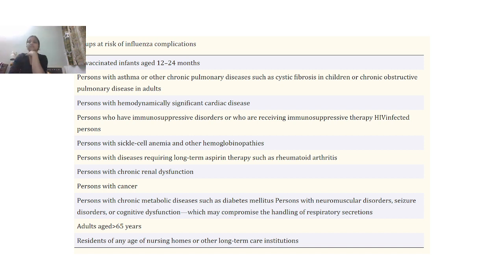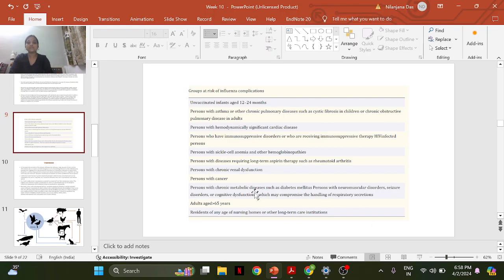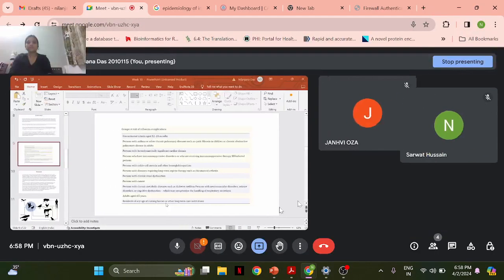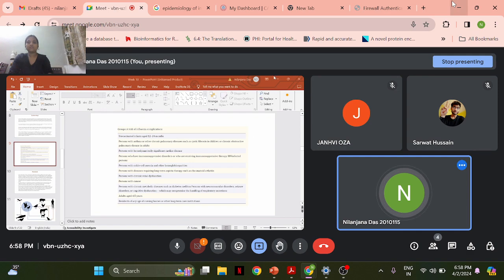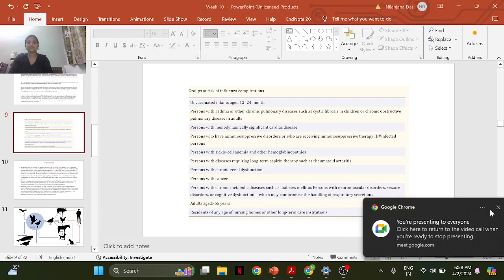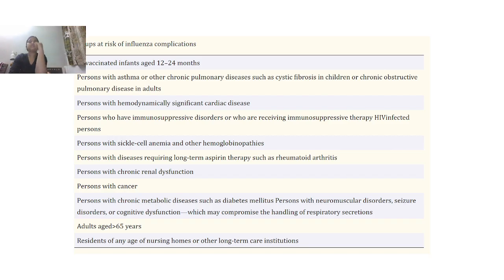Like they had to take a list of vaccines against different kinds of diseases. So in case of unvaccinated infants aged 12 to 24 months, they were very much susceptible. Then persons who have asthma or any kind of chronic pulmonary disease, such as cystic fibrosis in children or chronic obstructive pulmonary disease in adults, are also very much susceptible.